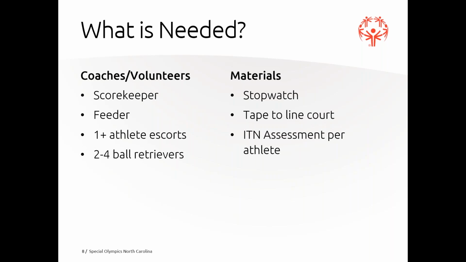If it's a level 5 athlete, they'll be using the traditional tennis ball. You will need line markers, whether that is tape, whether that is chalk, or something to make sure you can outline the court and mark the lines. A stopwatch, and you will need ITN 10.1 score sheets located on the tennis webpage for levels 4 and 5. And then, of course, pens and a clipboard to complete the assessment.